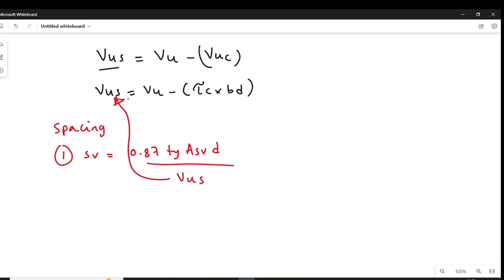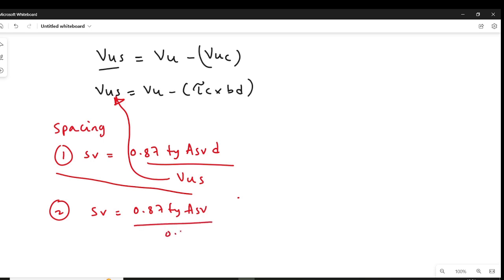Vus you are getting from this formula. Most of the time you will get the spacing with respect to formula number one. Number two is Sv equals 0.87 fy Asv divided by 0.4 b.